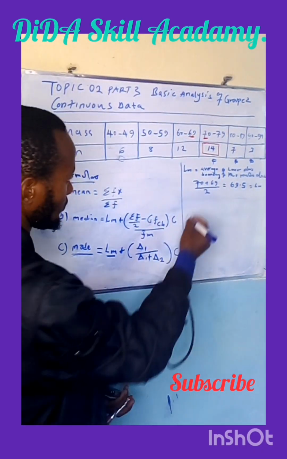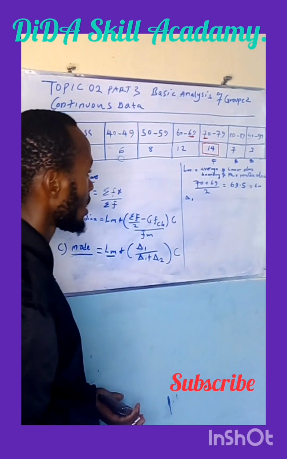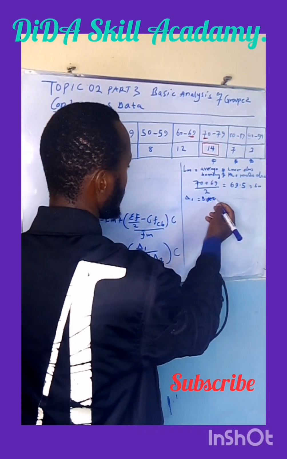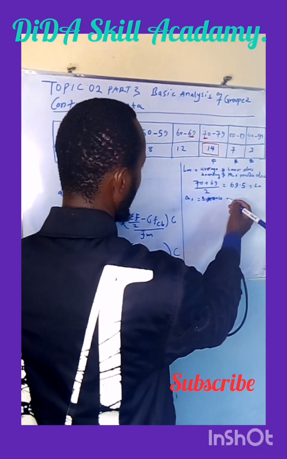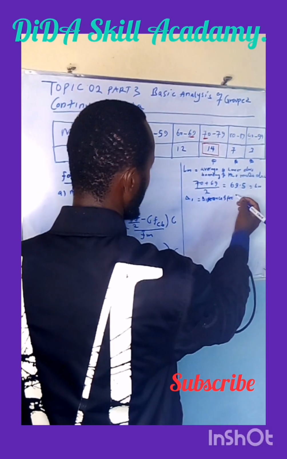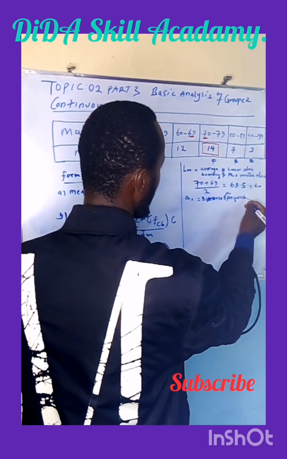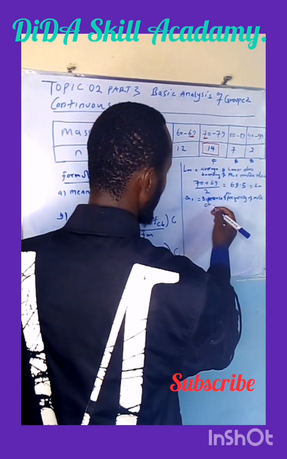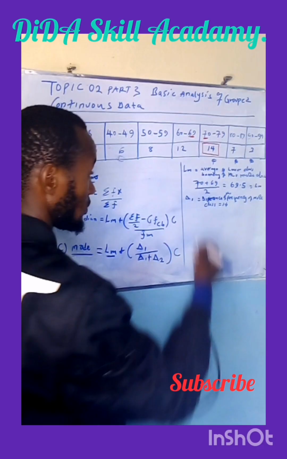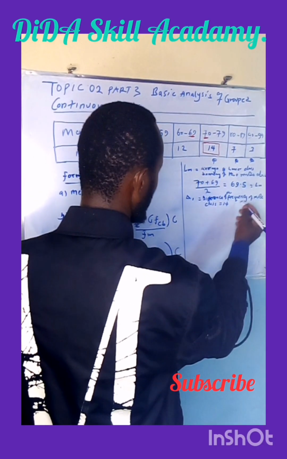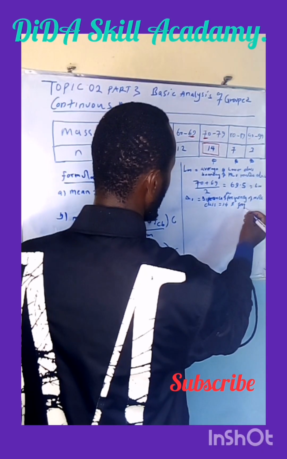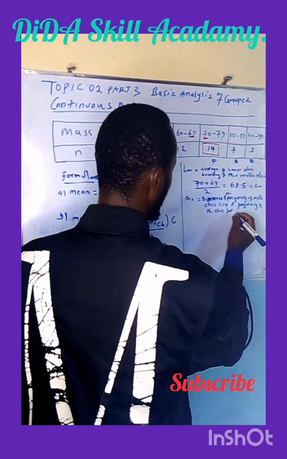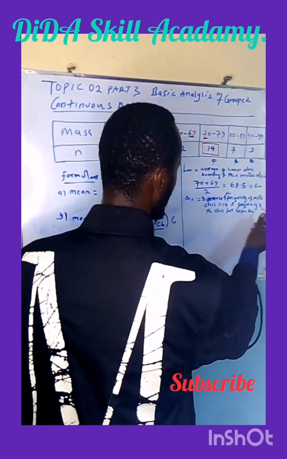And what is delta 1? Delta 1 is simply calculated by taking the difference between the frequency of the mode class, which is 14, and the frequency of the class just before the mode class.